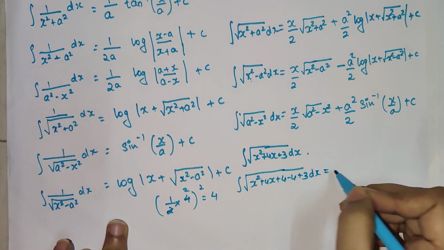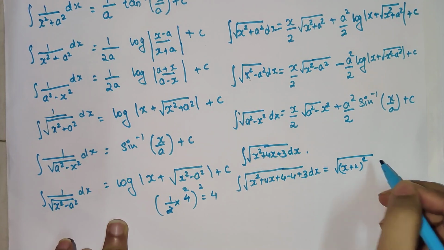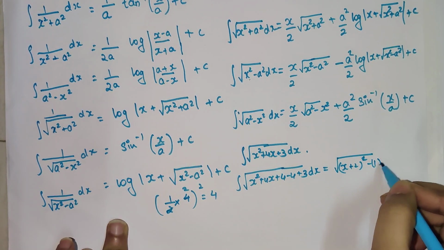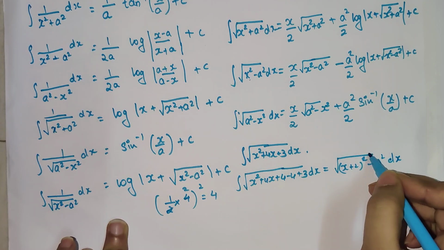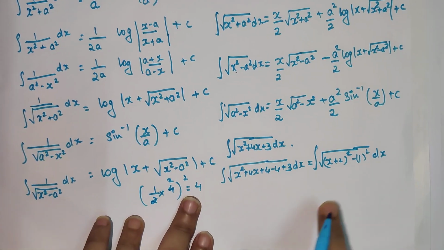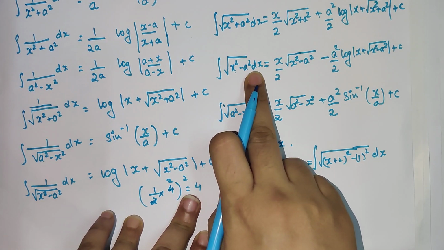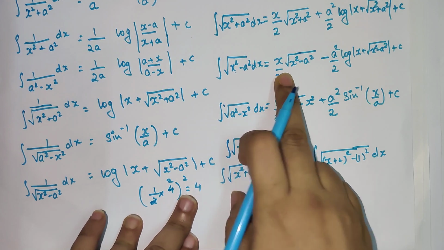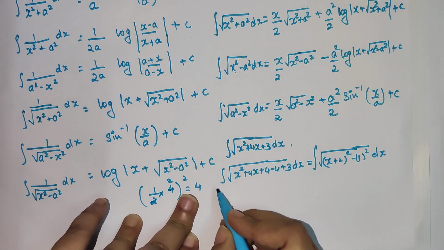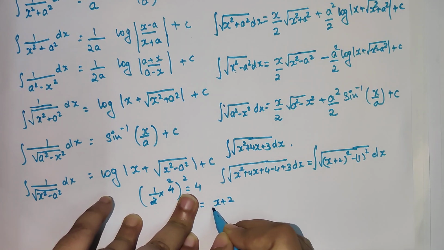So this eventually changes to integration of x plus 2 the whole square minus 1 square dx, right? So here this is of the form x square minus a square dx, correct? So let's write this: x is what? x plus 2. So my final answer will be x plus 2 upon 2.